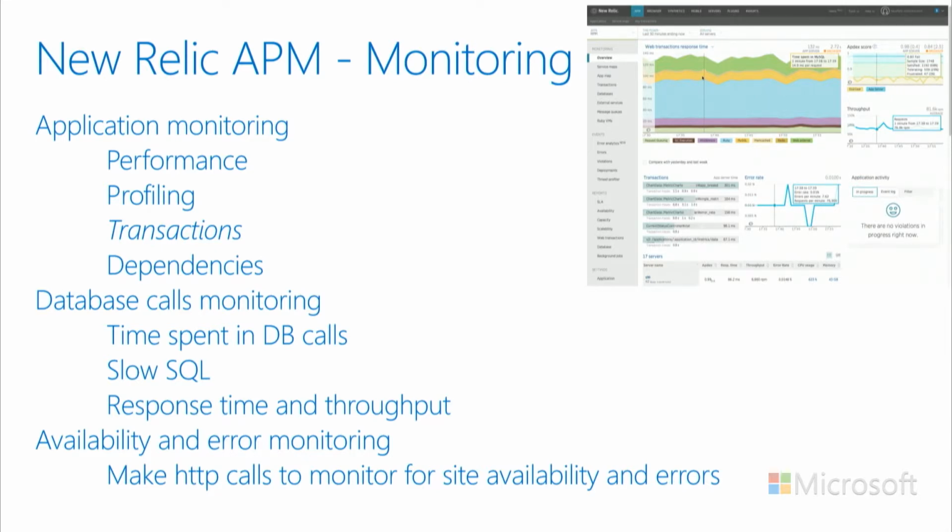It can monitor your dependencies to understand what the application calls in terms of HTTP calls and database, etc. It can also do database monitoring, so you understand how much time is being spent in database calls, if you have any slow SQL, the database response time and throughput, so you can understand if the performance of the database is affecting your application as a whole or not.